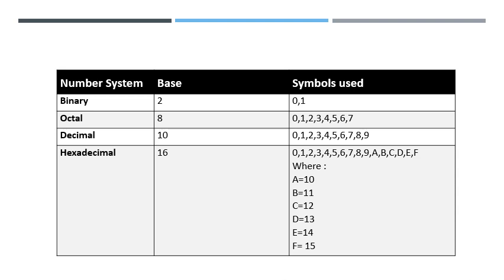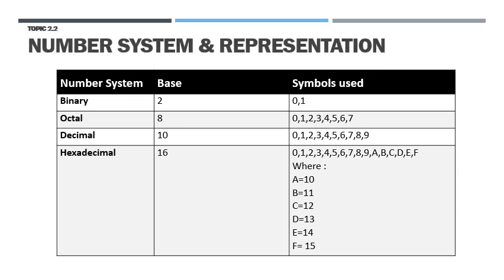If you look here, this is the number system: binary, octal, decimal, and hexadecimal. Let me explain one by one. For binary, the base is 2.